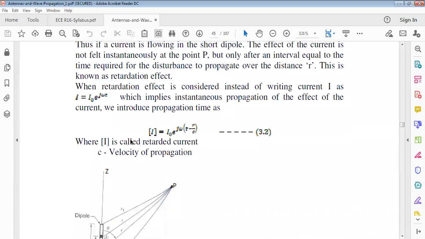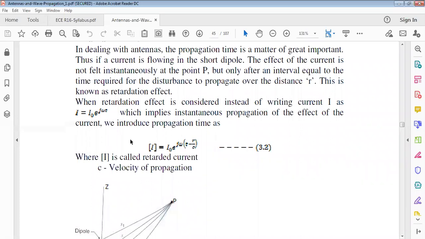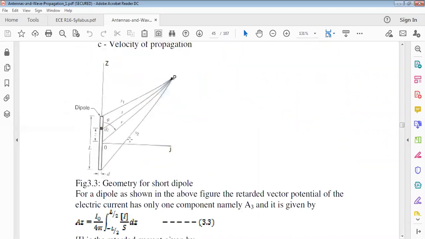Because of the retardation effect, there occurs some delay on the wave as I naught e to the power j omega times t minus r by c or v, that is the light velocity. This is the assumption, where P is the point of observation, and from this point we are able to see the wave propagation from that piece of wire.